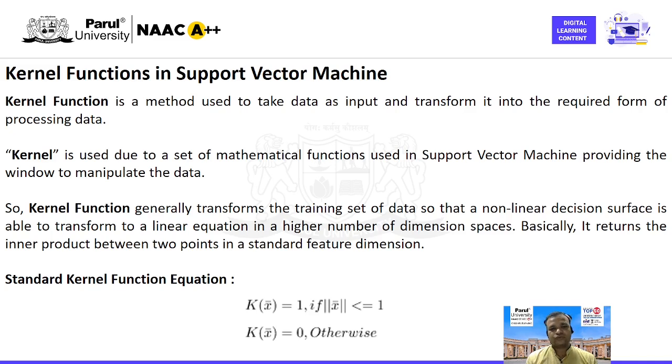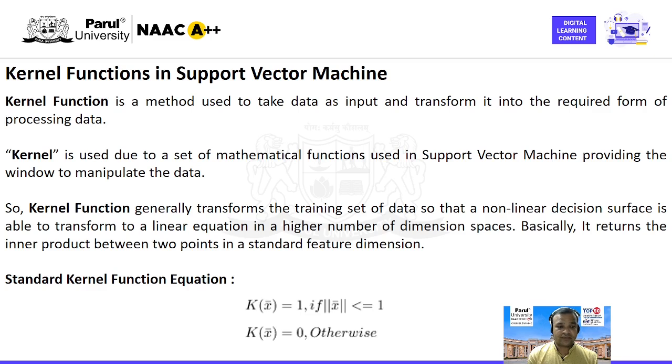Kernel is a set of mathematical functions used in SVM, providing the window to manipulate the data from one form to another form. That means manipulating the data. This is the mathematical function used in support vector machines. So a kernel function generally transforms the training set of data so that a nonlinear decision surface is able to transform to a linear equation in a higher number of dimension space.